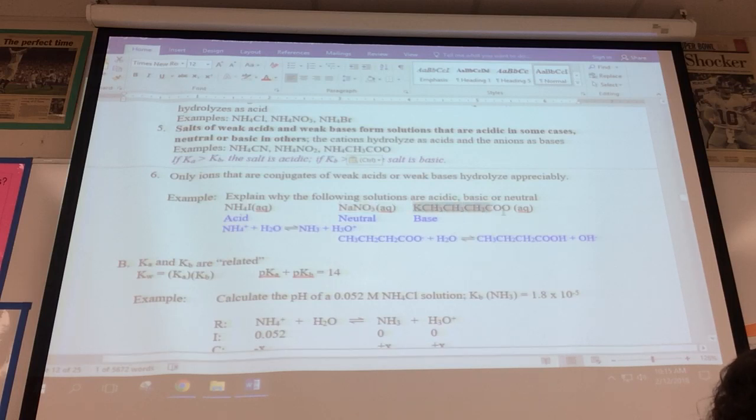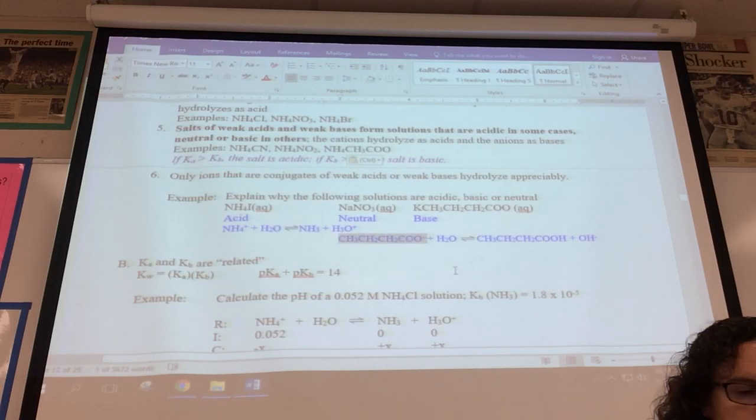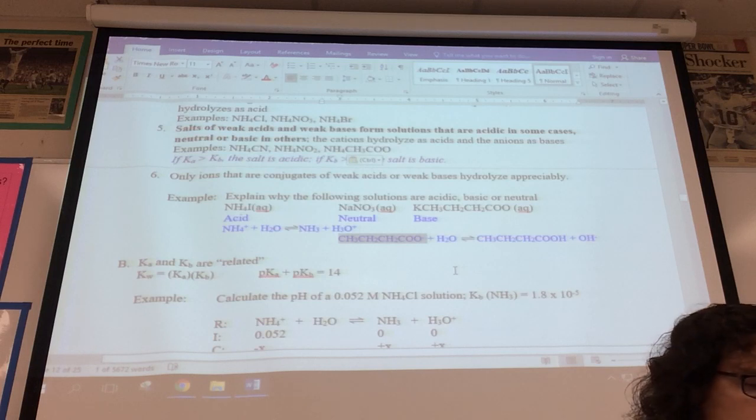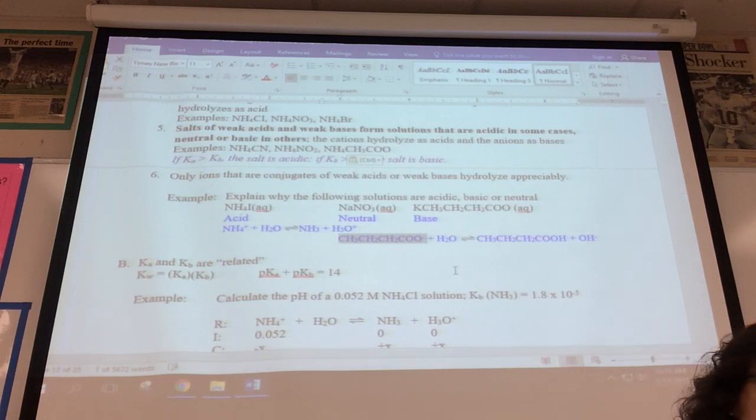And here's potassium butanoate, 1, 2, 3, 4, butanoate. And again, what's going to hydrolyze is this butanoate ion. So tell me why. Why did you write it out?